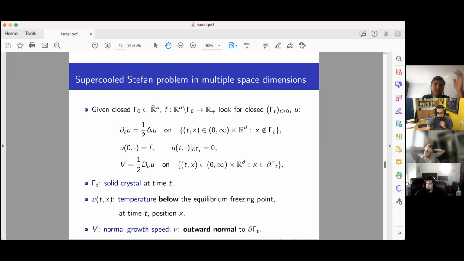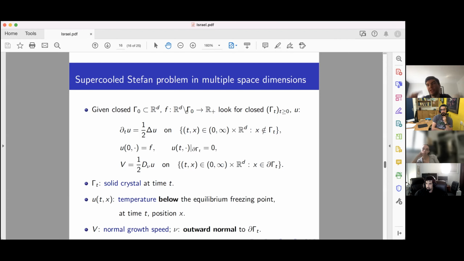Here you're in some high dimensional space R^d. Initially you have a set, which you assume to be closed, some generic closed set, which describes the initial location of the ice.